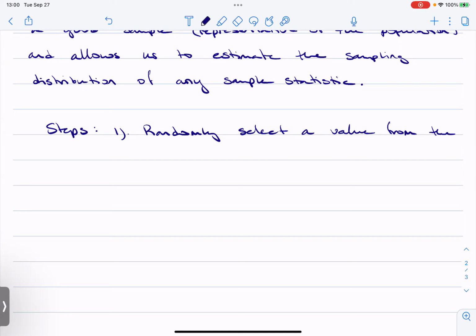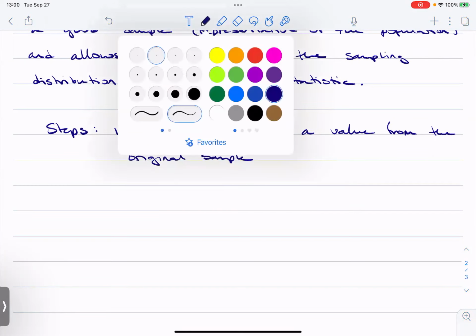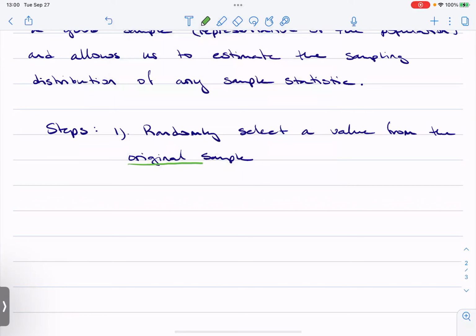You only have one original sample, and that's all you need. I'm going to call this OS, original sample, just because we need to be able to refer to them.